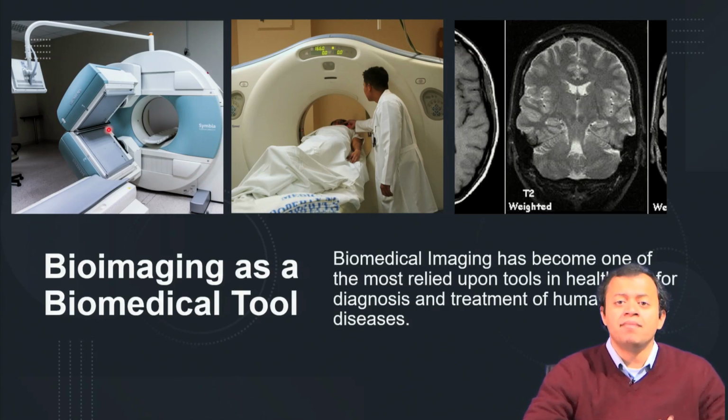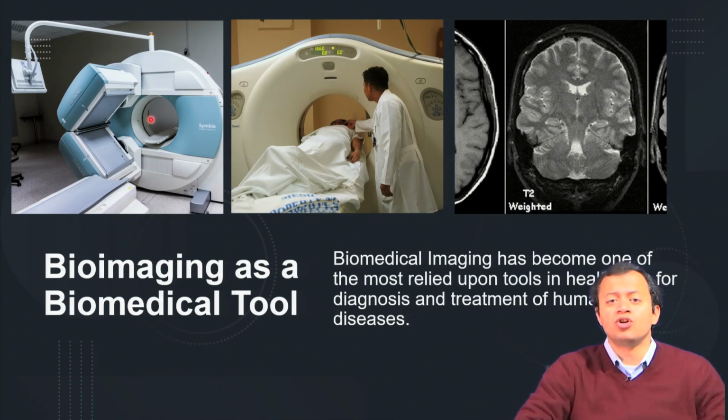Similarly, you have MRI, magnetic resonance imaging, where a person goes inside, subjected to a huge amount of magnetic field and radio waves, and MRI tries to see hydrogen, which is mostly concentrated in fat and water inside our body.